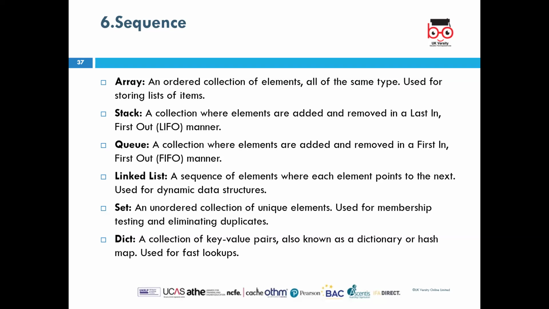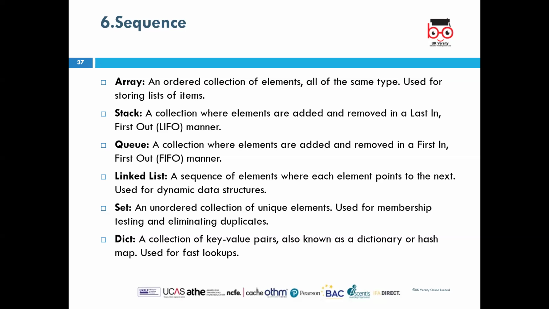Queue is a collection where elements are added and removed in a first in, first out manner. Linked list is a sequence of elements where each element points to the next using a dynamic data structure.